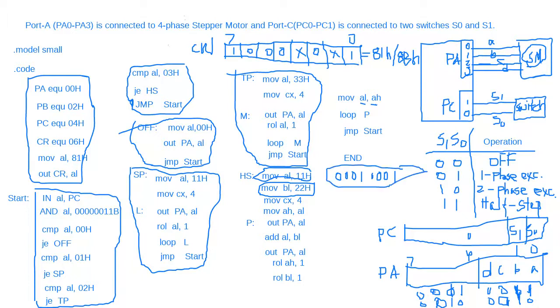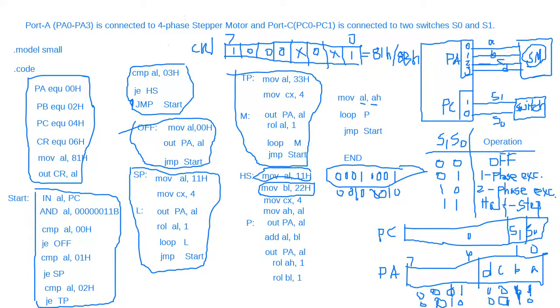Okay, and what is 22? 0010 0010. So it is 22. Okay, so if you add them together, it will be 0011 0011. So 33H. So that means 22 is not for two phase excited mode.